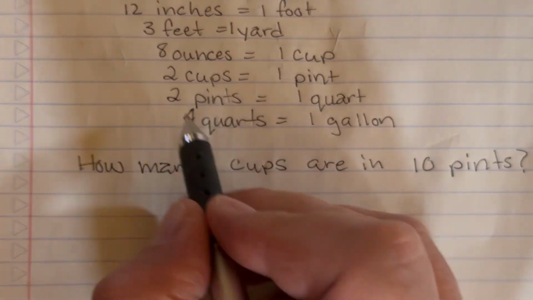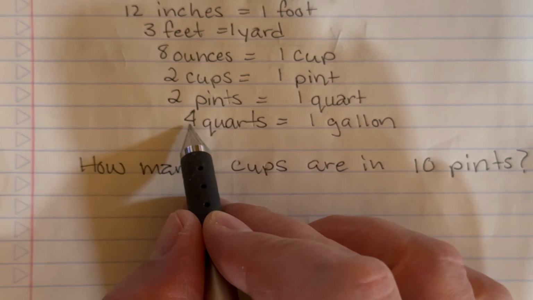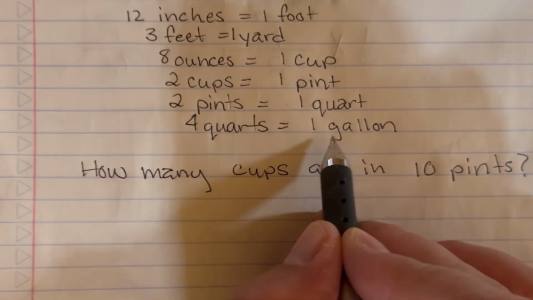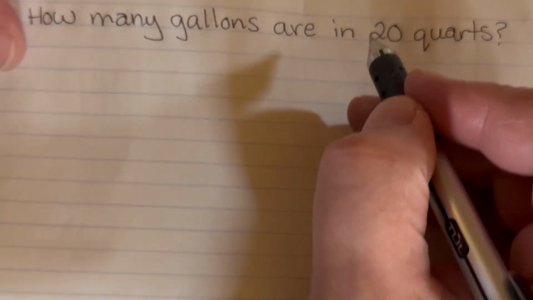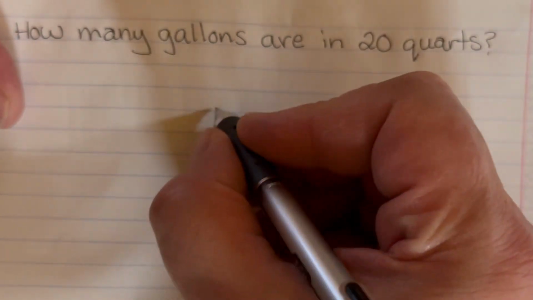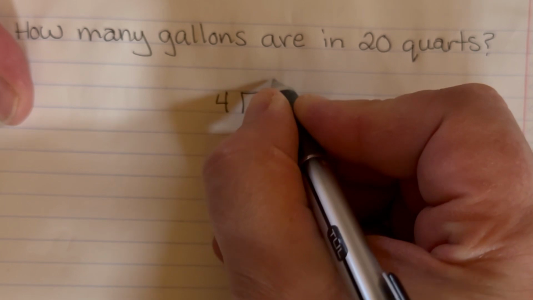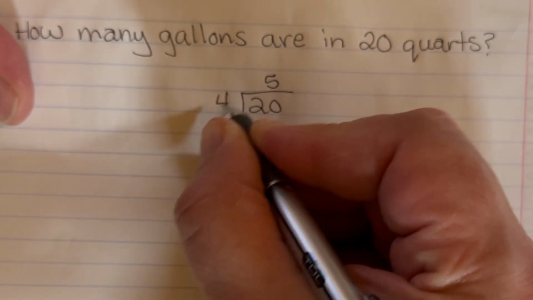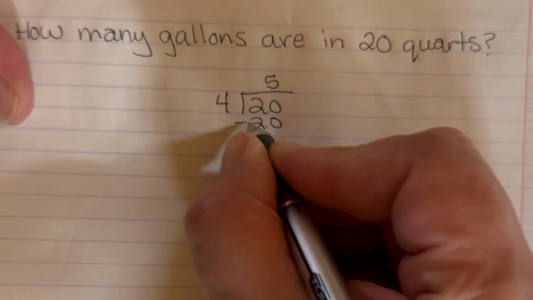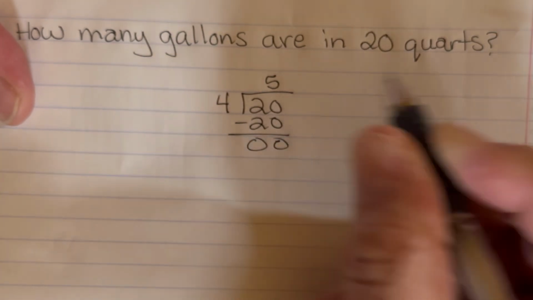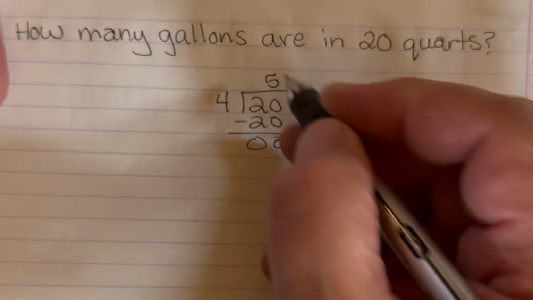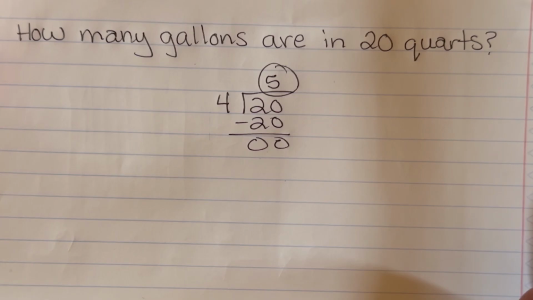I need that information. So I start there, and I see that it's 4. So 4 equals 1, and I need to find out how many are in 20. So I go 4 into 20, and I know that goes 5 times. And I end up with 5 as my final answer.